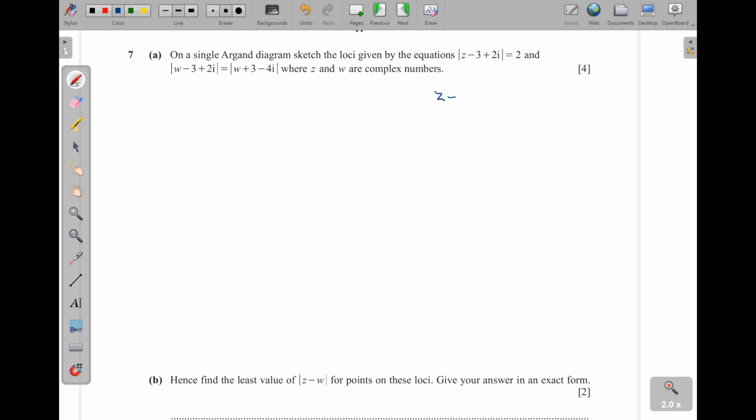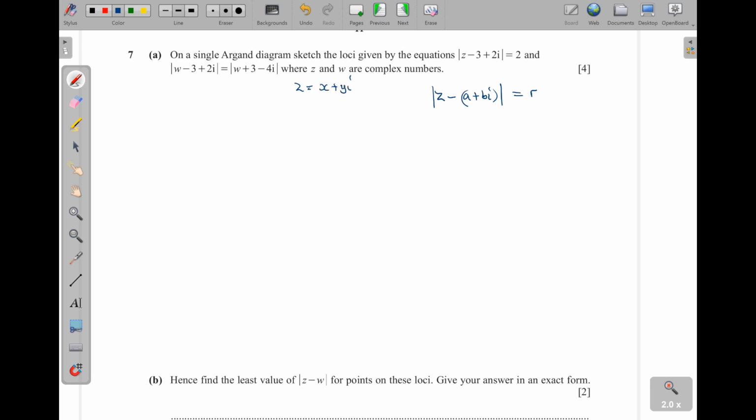If this is Z, then minus, let's say we have A plus BI here, and it is equal to, let's say, R here. So let Z be equal to X plus IY.